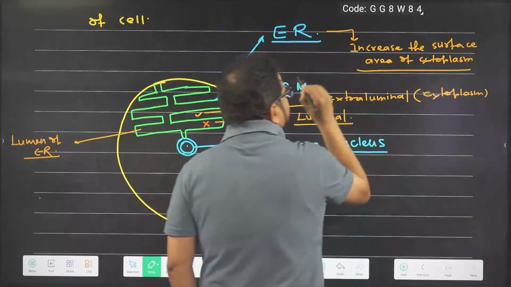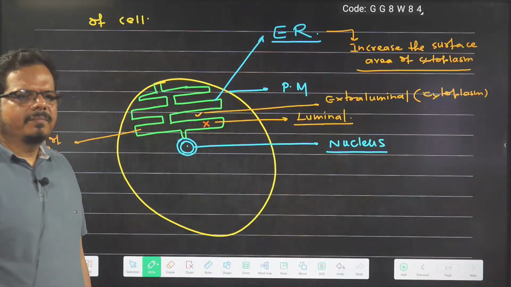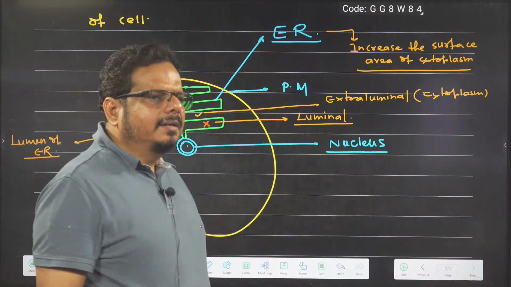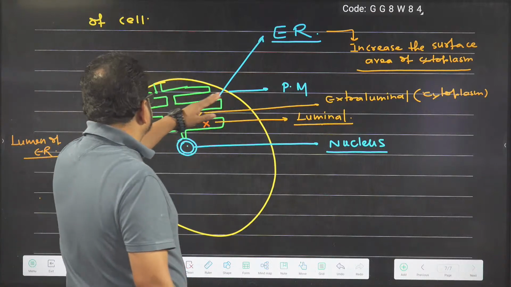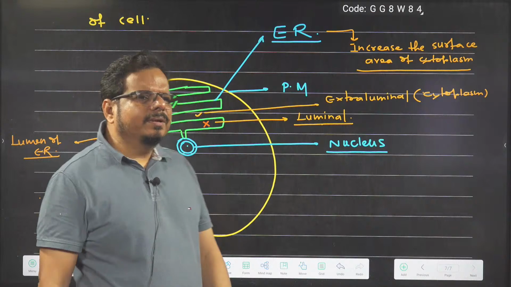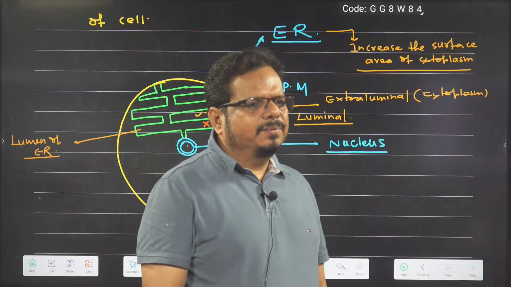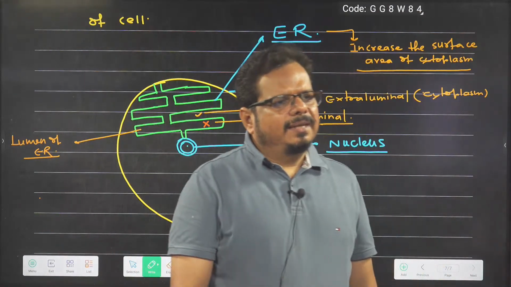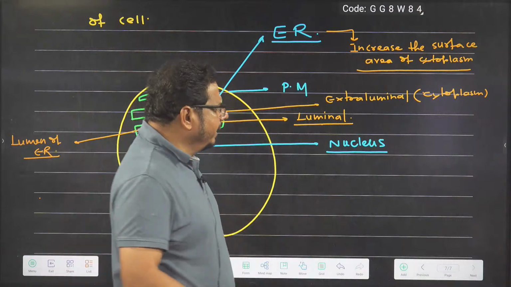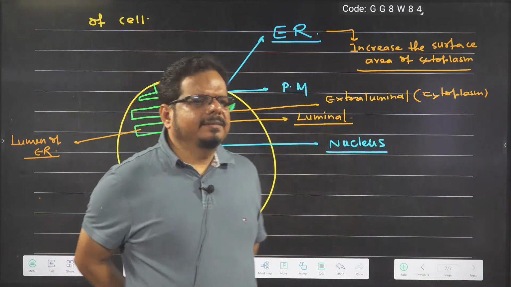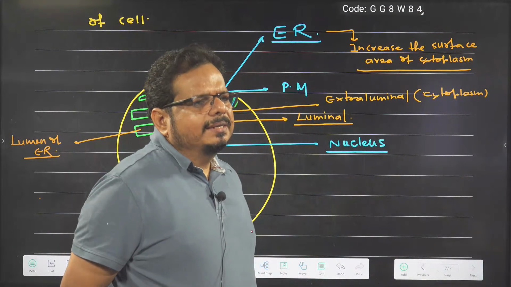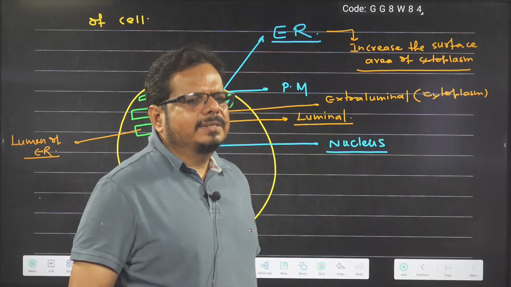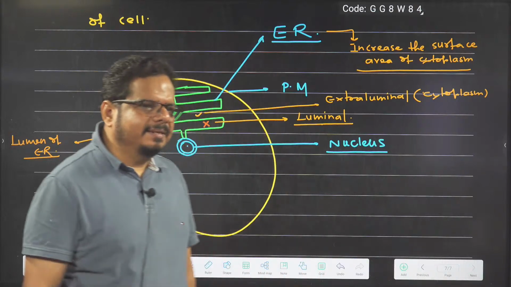It increases the surface area of the cytoplasm. Is it clear in the mind? I told in the beginning class, if you can recall, any kind of enfolding increases the surface area. More surface area is there.